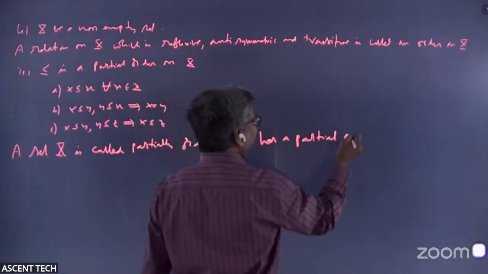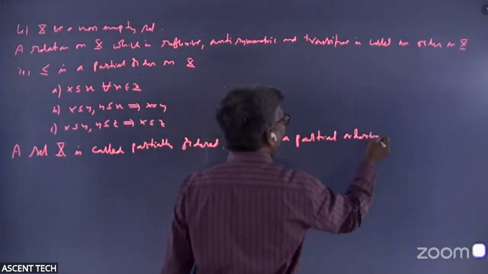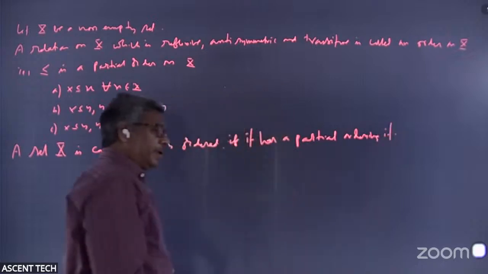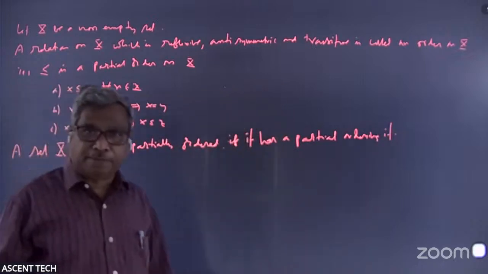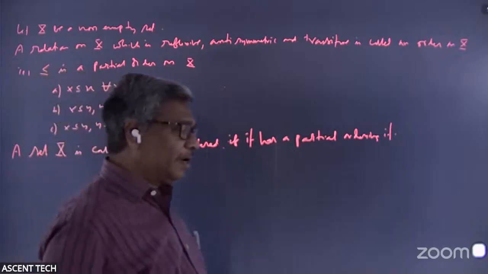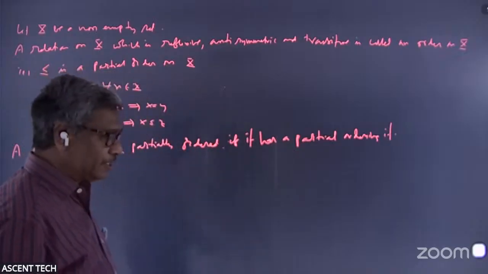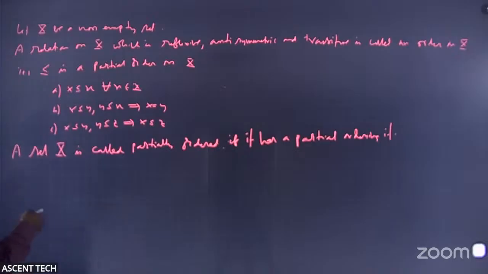Actually, I should be a little more careful, because you can have many partial orders on the same set. So that particular partial order is also very relevant in our discussion. So we might as well say that X with less than or equal to is a partially ordered set.